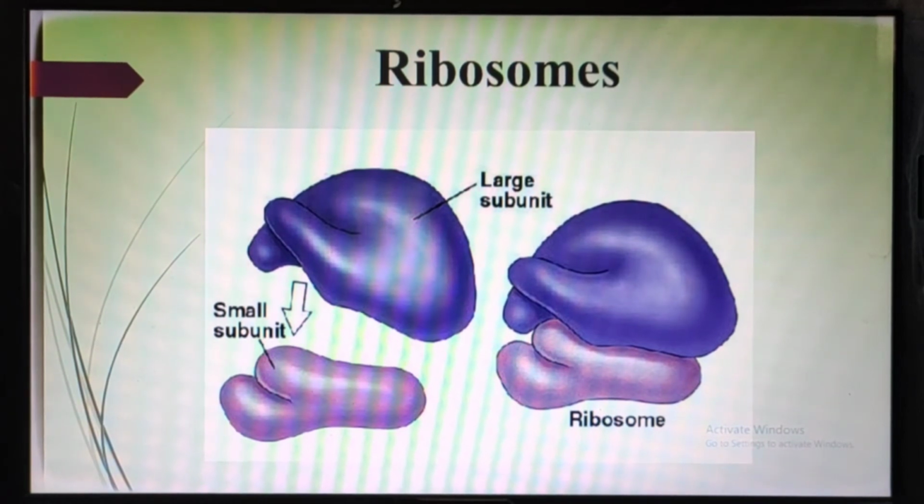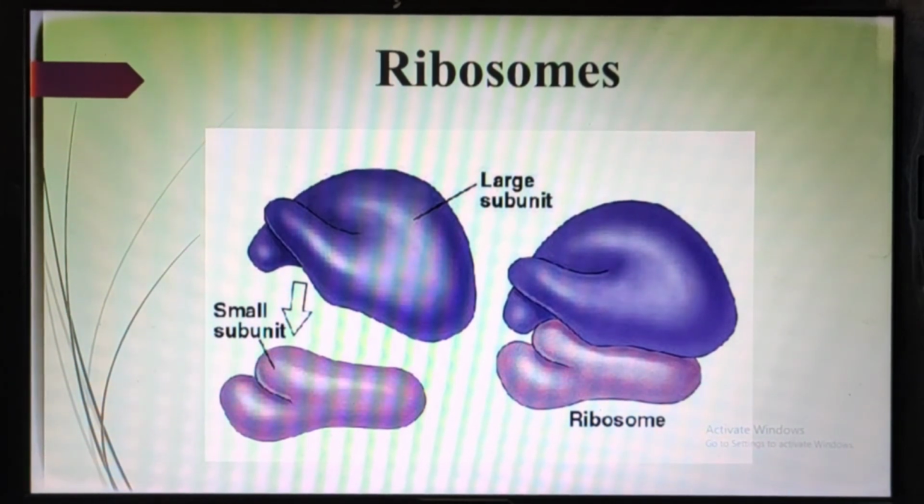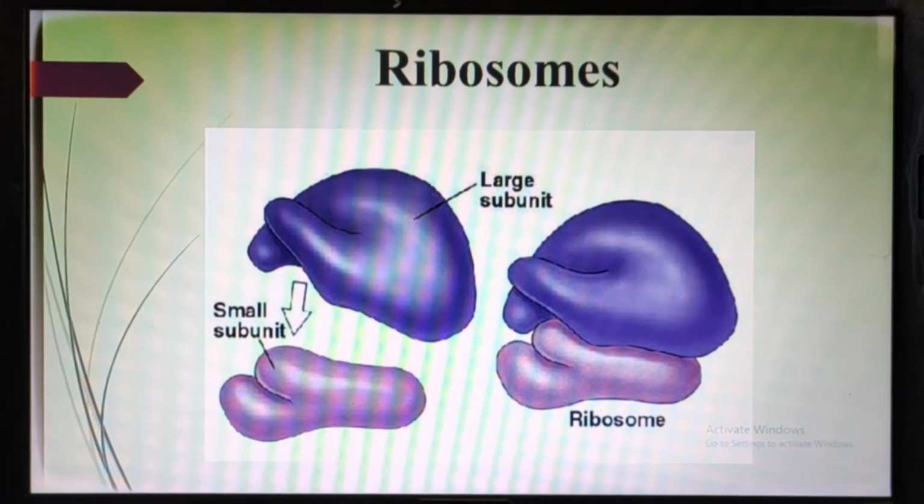Okay. And these ribosomes have particular types, like 70S ribosome, 18S rRNA, 16S rRNA, 30S subunit and 50S subunit. The small subunit will be 30S in prokaryotes and 40S in eukaryotes. And the large subunit will be a 50S subunit in prokaryotes and 60S subunit in eukaryotes.